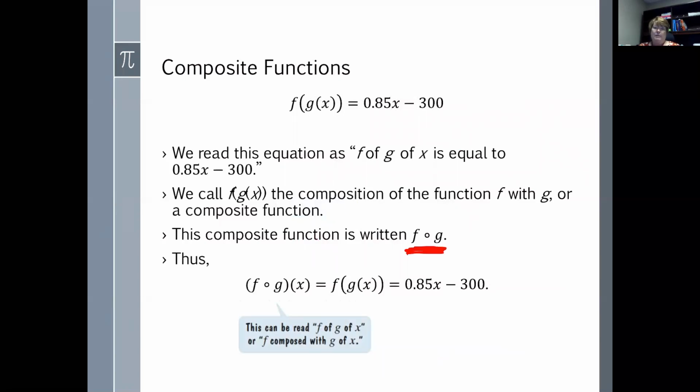So the composition of f with g of x is f at g of x, or take the output of g and make it the input of f. Sometimes I abbreviate this and read it as f composed with g of x, which is the notation we have at the bottom of this slide. F composed with g of x means to take the output of the function g and make it the input of the function f.